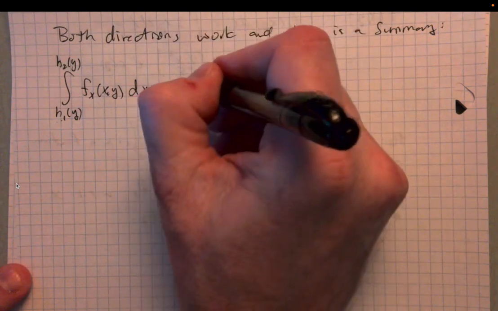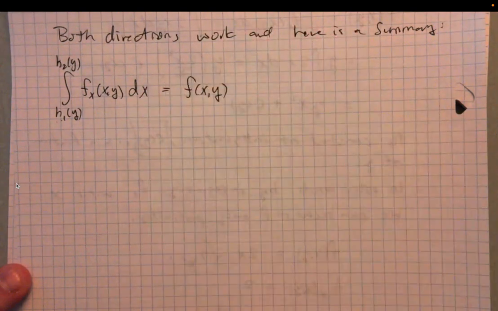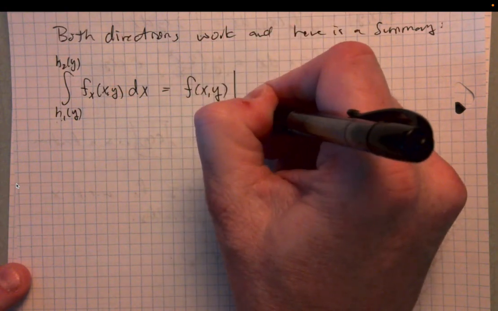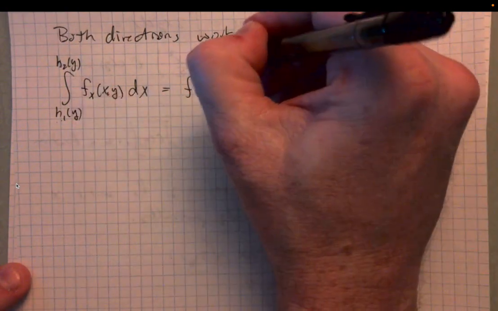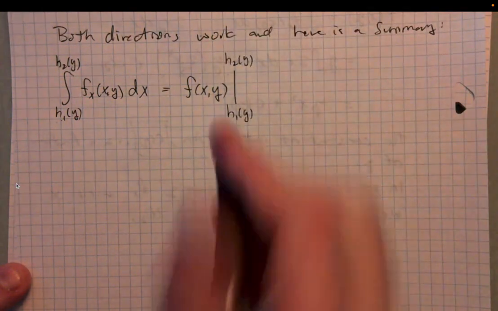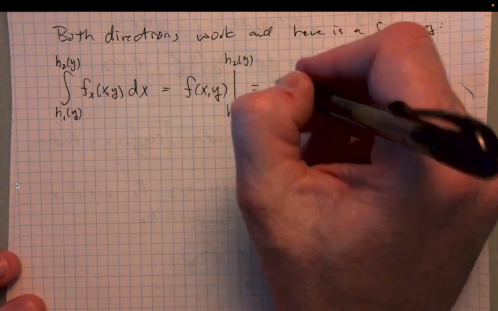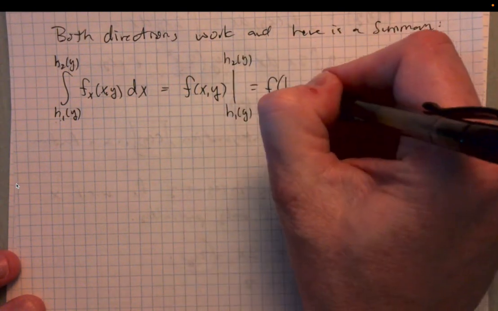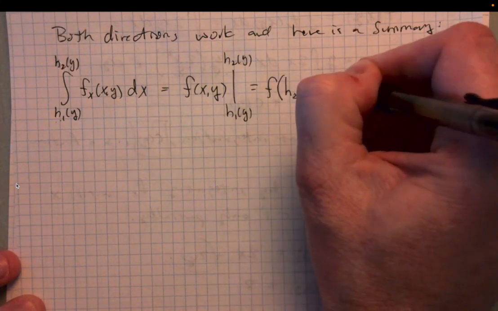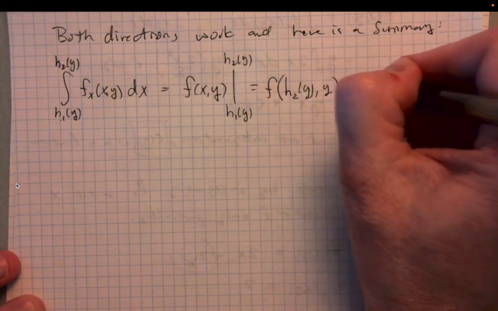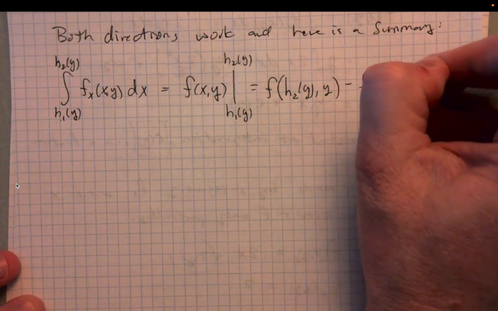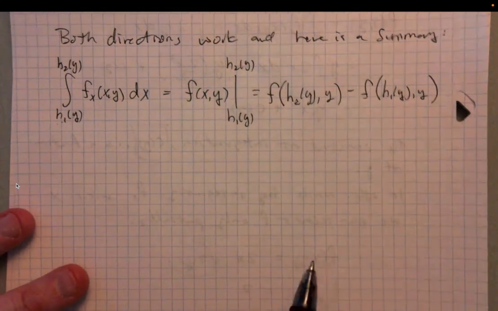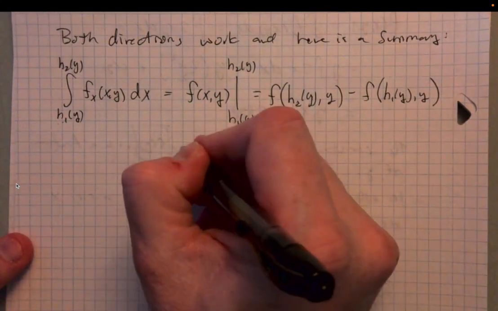When I do that, what I get back is this, where I have to evaluate it from the bottom to the top. What I end up with is f of the top limit, h2 of y, comma y, minus f of the bottom limit, h1 of y, comma y. This is what it looks like when we want to integrate with respect to x.